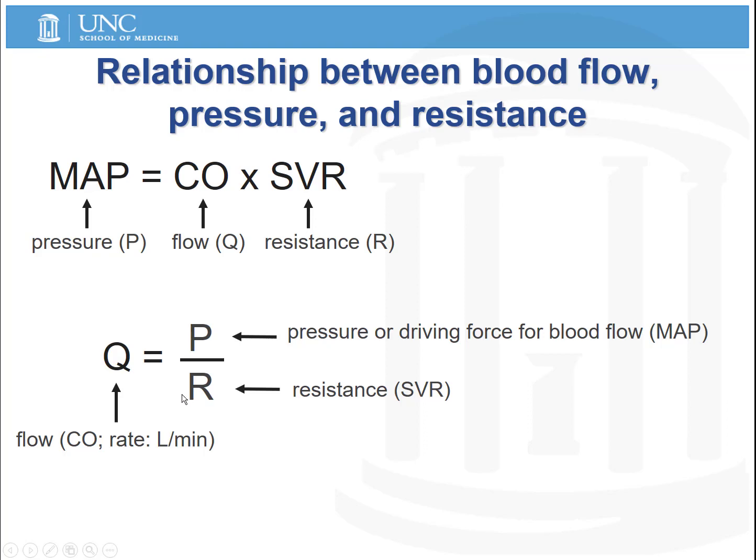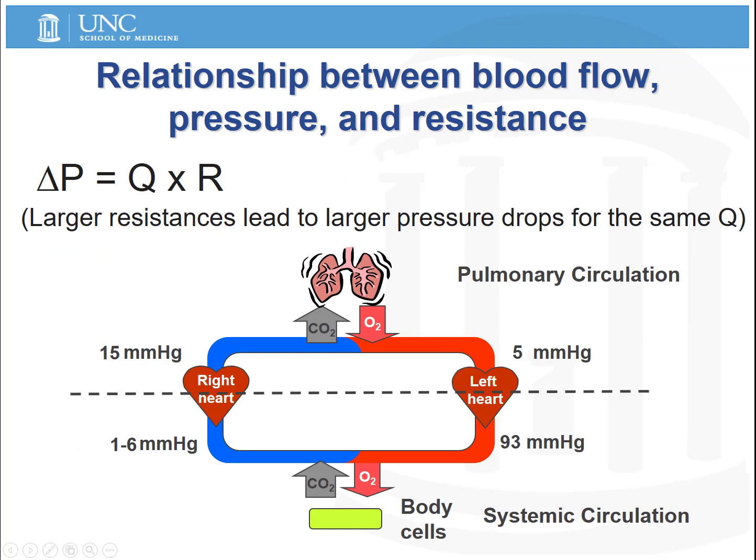And as we'll see, the main mechanism for changing blood flow is by changing this resistance variable in the blood vessels, and more specifically by changing the resistance in the arterioles. We can also rearrange Ohm's law so that we look at the factors that lead to changes in pressure as blood flows across the vessel.